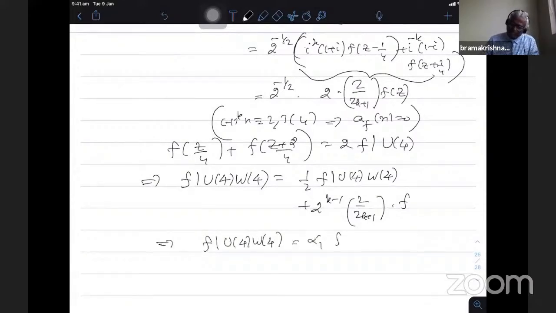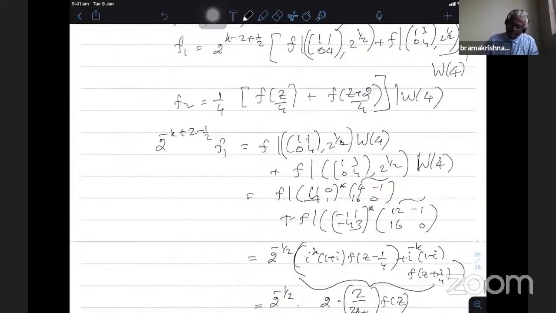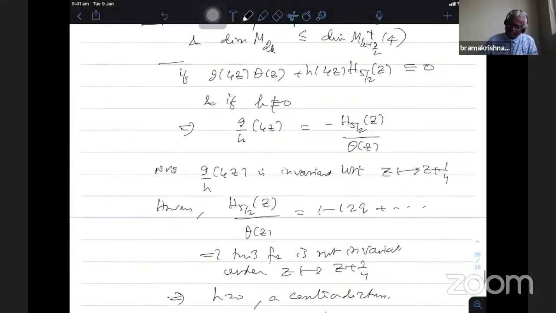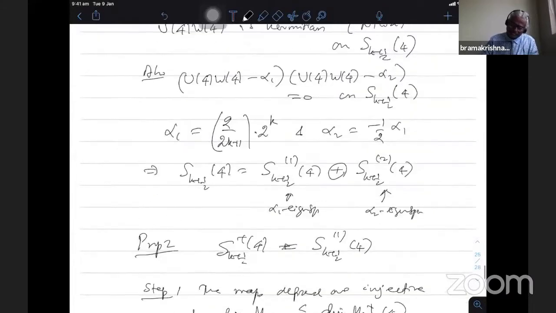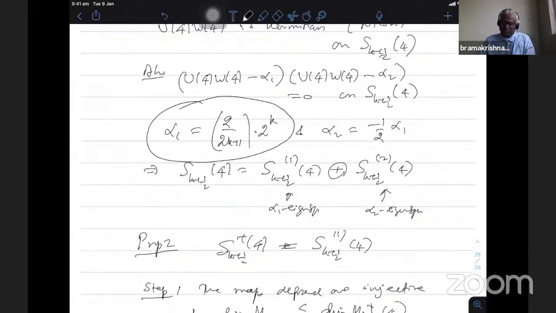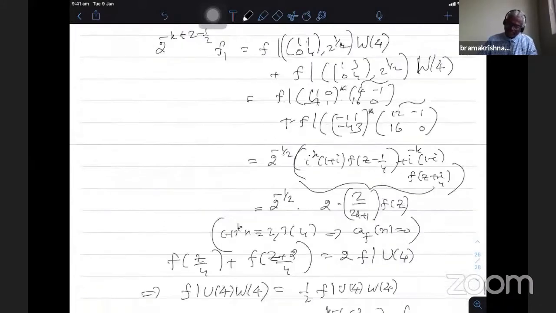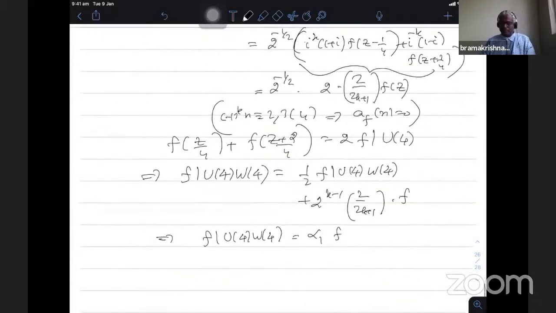Alpha 1 definition is already there previously. Let me write somewhere. I wrote alpha 1. Yes, this one. Okay, so 2 power k into 2 by 2k plus 1. So one extra factor 2 will come. That is the 2 power k into 2 by 2k plus 1 f will be there. So when I bring this to the left hand side, there is half of this one multiplied by 2. I get this 2, this one exactly.